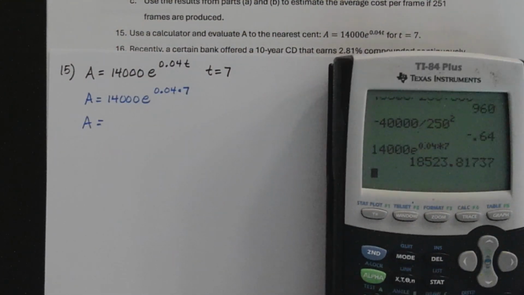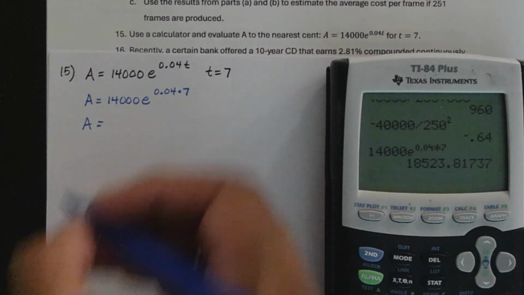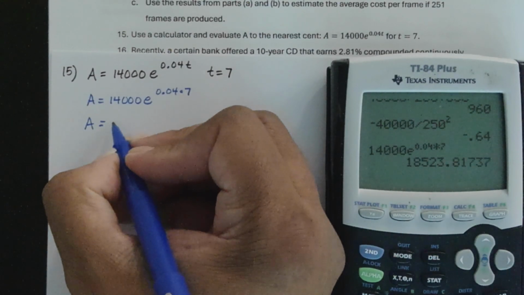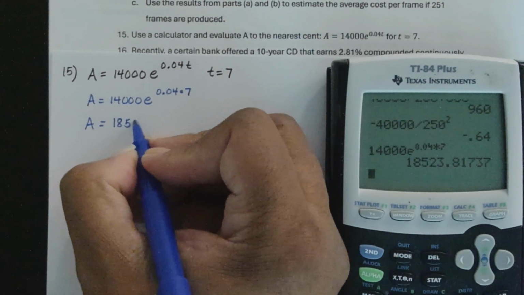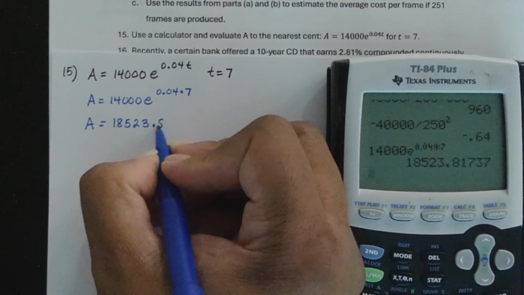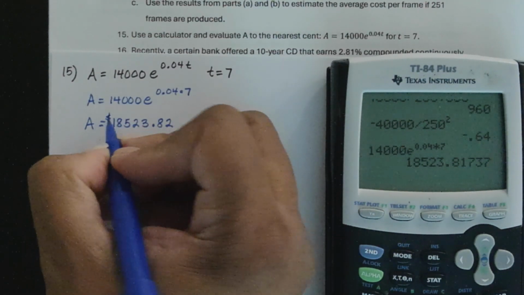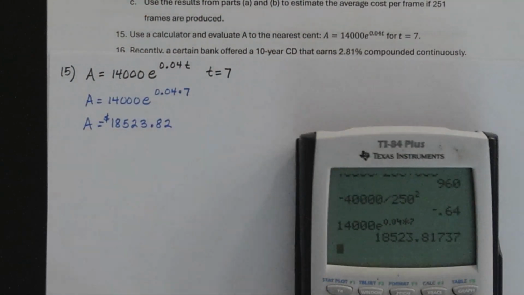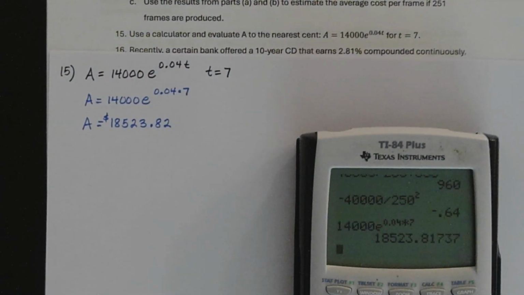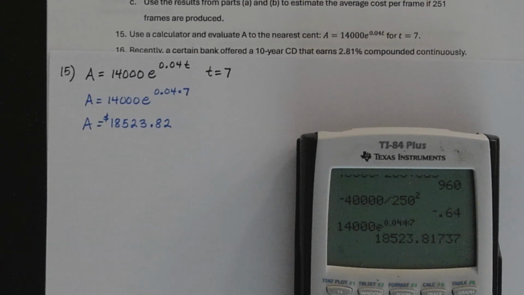Now to two decimal places, what would that answer be? 18,523.82. Okay. So that would be the amount of, let's say, a $14,000 investment at 4% compounded continuously after 7 years. Okay. Questions on problem number 15?